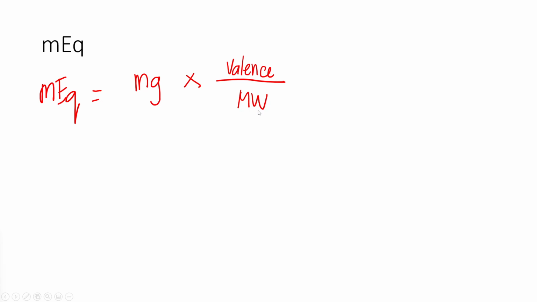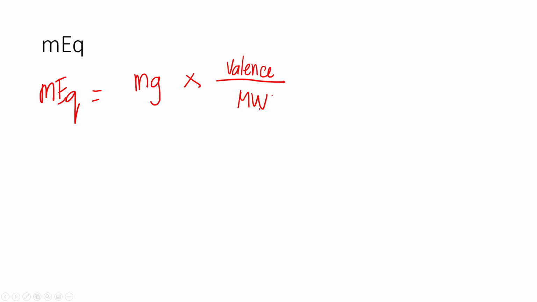Molecular weight, you can find this as the weight of the substance, or the chemical weight of the substance. You can find it in our periodic table, or in several resources. In this case, you don't need to convert MW into grams.